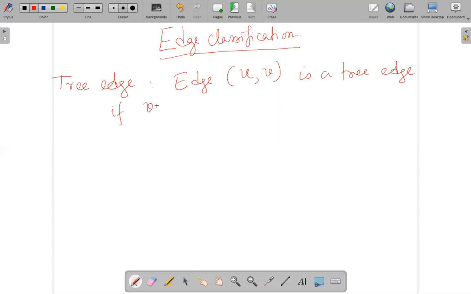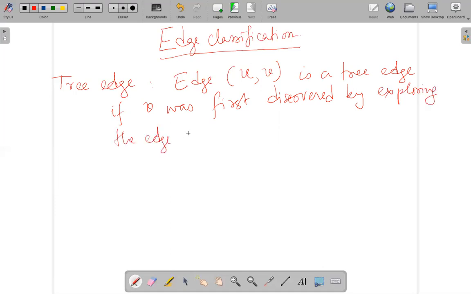if V was first discovered by exploring the edge UV. So remember the words first discovered.